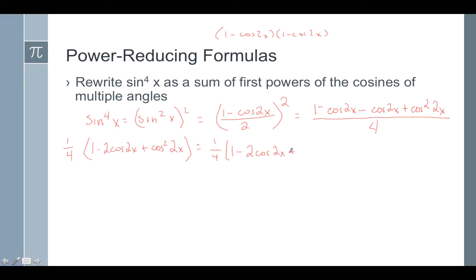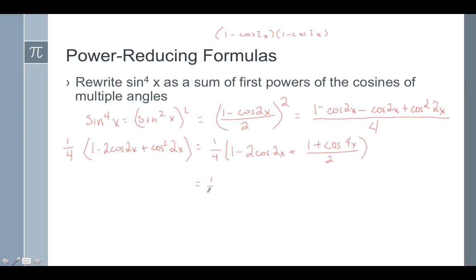So cosine squared is going to be 1 plus cosine, and here's where things get a little bit interesting. The identity says cosine of 2x, but you have to understand that it's the double of whatever you started with. We started with a 2x, so my double is going to be 4x. And then we can distribute that 1/4 back in there.